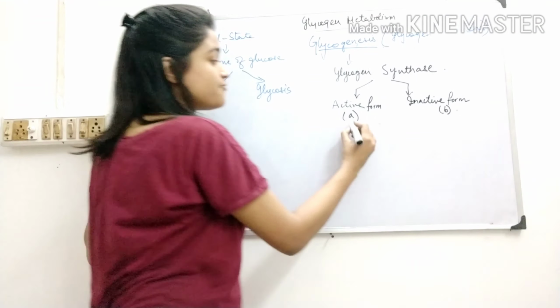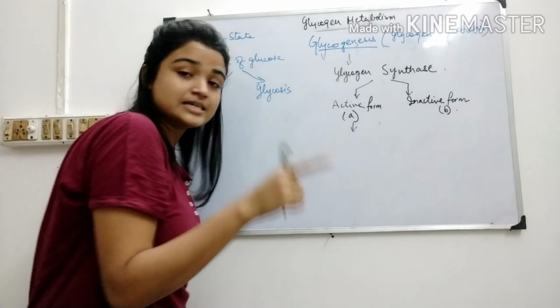Now this active form will be active when it is dephosphorylated. We know majorly all the enzymes which are phosphorylated are active. But there are a few enzymes which are active when they are dephosphorylated. One such is glycogen synthase. In its active form, it is dephosphorylated. And when it is phosphorylated, it becomes inactive.